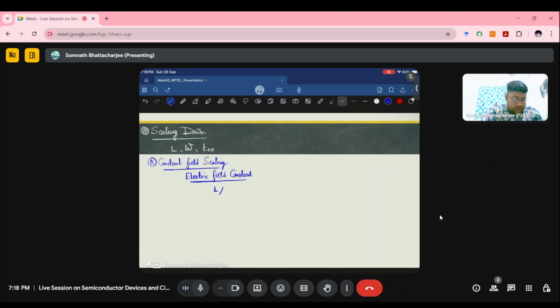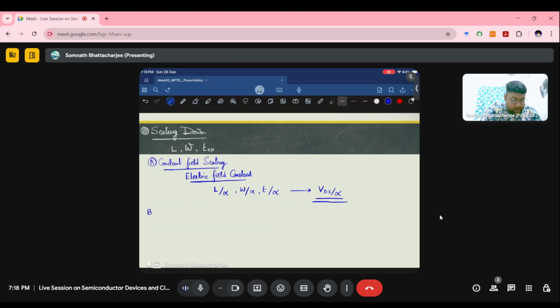We'll reduce W, L, TOX, everything, by a constant value, alpha here. And based on that, we need to reduce all the voltage values as well. So we reduce with the same coefficient, and the total electric field will remain the same.